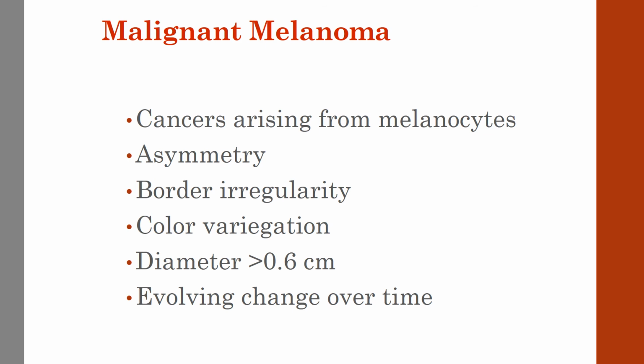Border is irregular, the same thing. So it's not just a smooth line, it's going up and down. Color, not color variation, I meant variegation. So color can be, the same mole can be very pale on one side and extremely dark on the other.